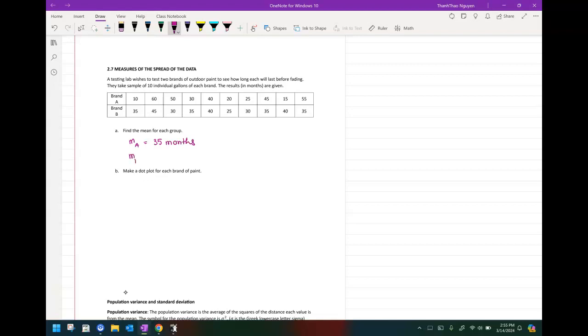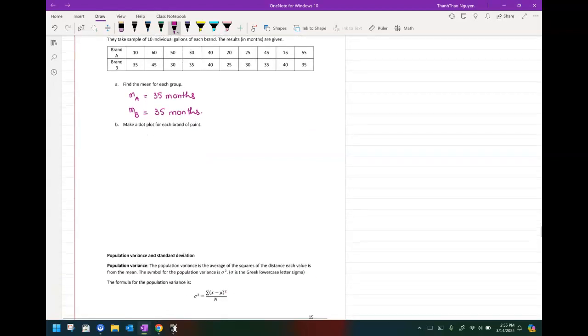And for brand B, it's also 35 months. So let's go ahead and make the dot plot for each brand of paint.